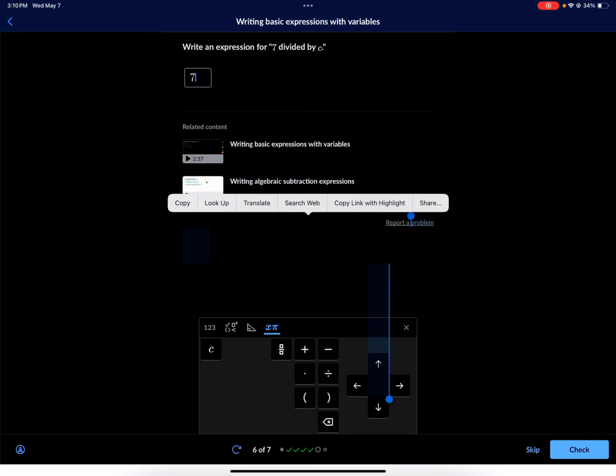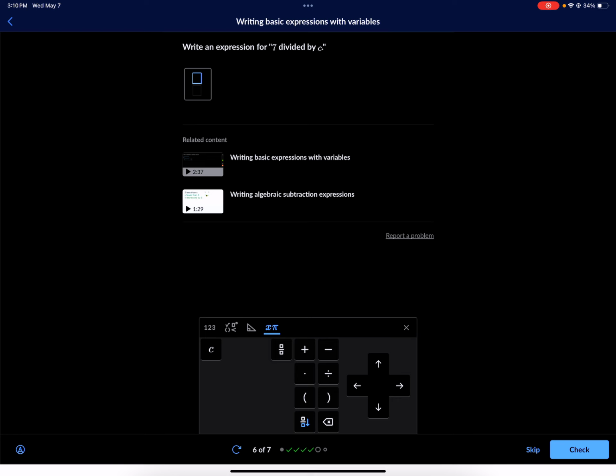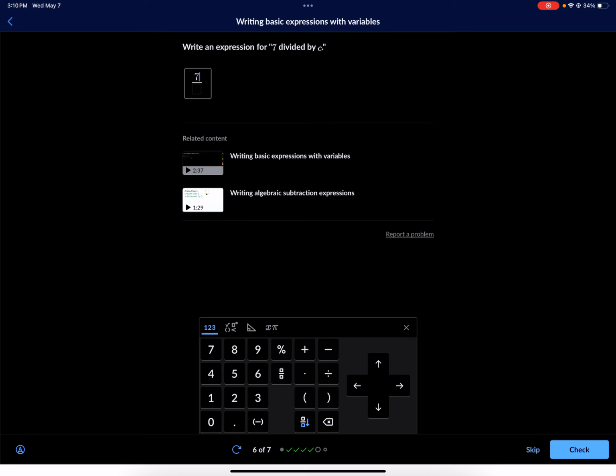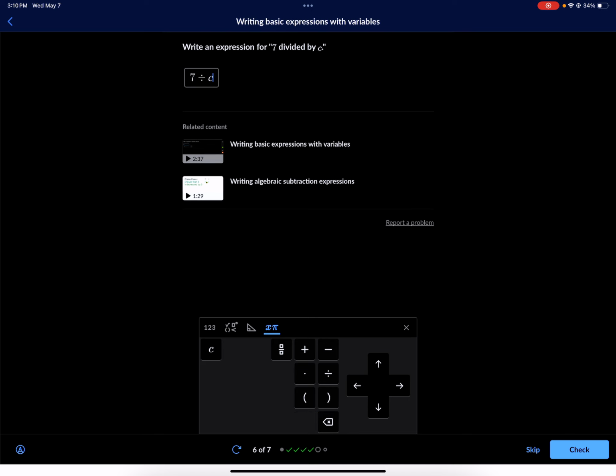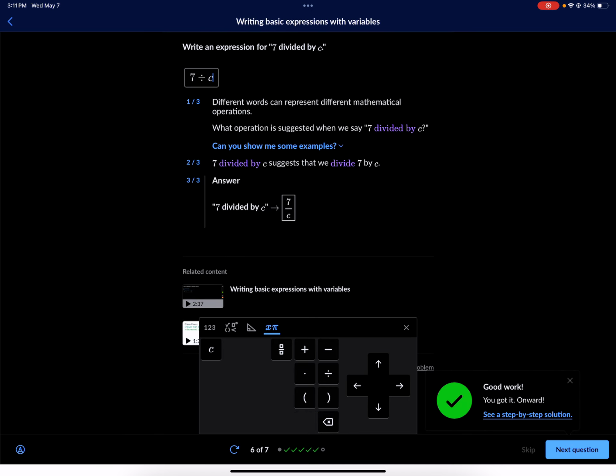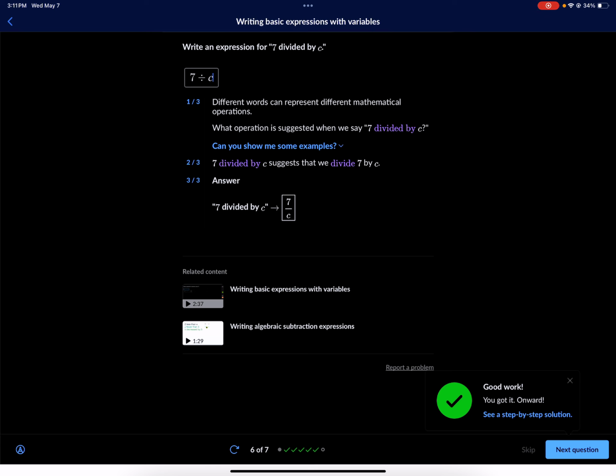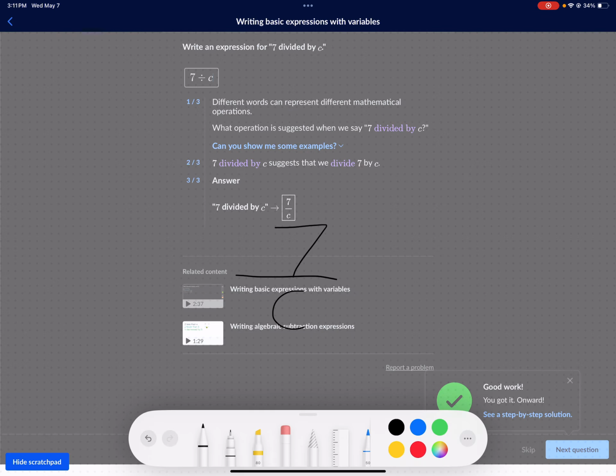Another way we can put this is 7 over c. Now, just because I don't want to risk getting it wrong, I will write it as 7 divided by c like that. But you can still do that, and you can still accomplish the purpose.